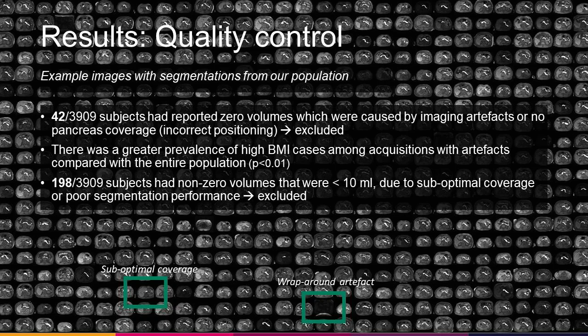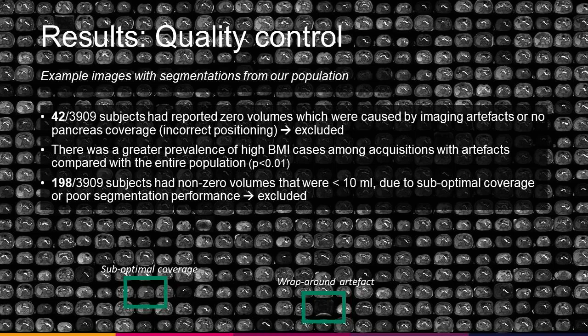We saw a greater prevalence of high BMI cases among acquisitions with artifacts, compared with the entire population. 198 subjects had non-zero volumes, but smaller than 10 milliliters, due to either suboptimal coverage or poor segmentation performance.